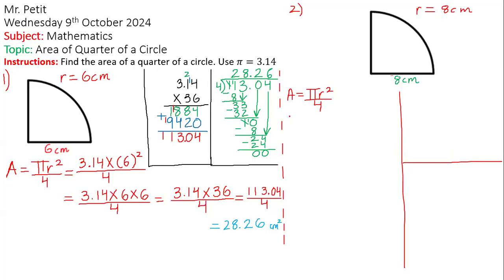What is pi in this case? Pi is 3.14. Times 8 times 8. Yes, Wyatt, you're correct.